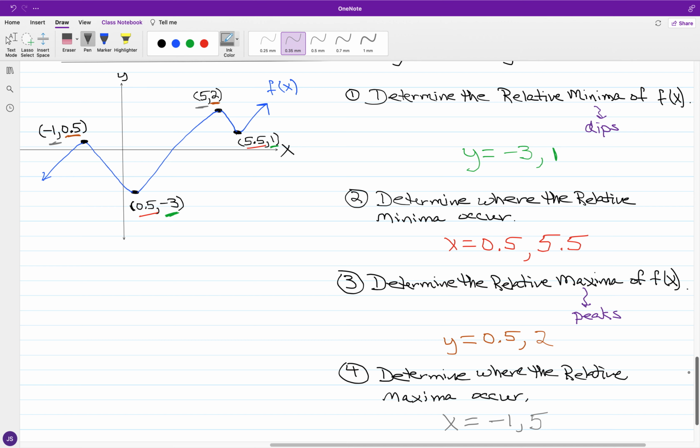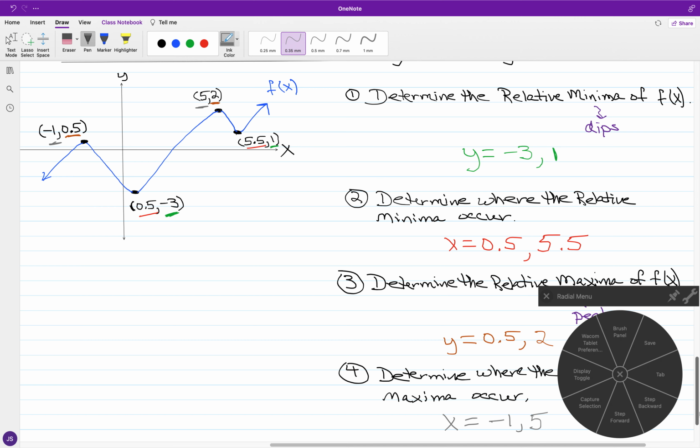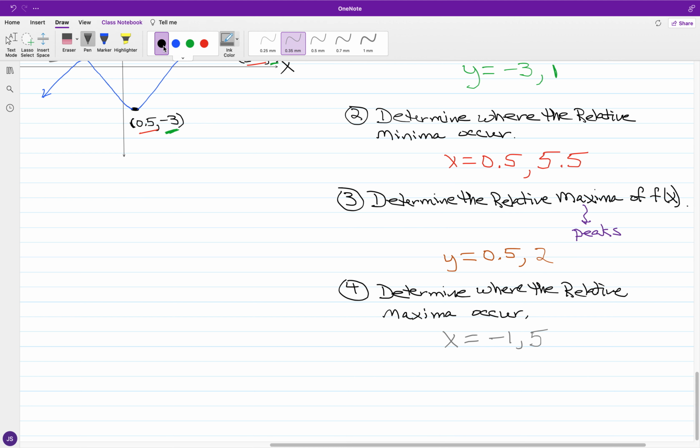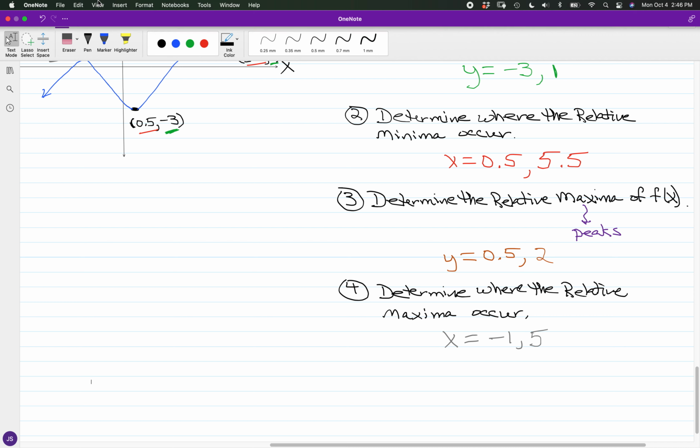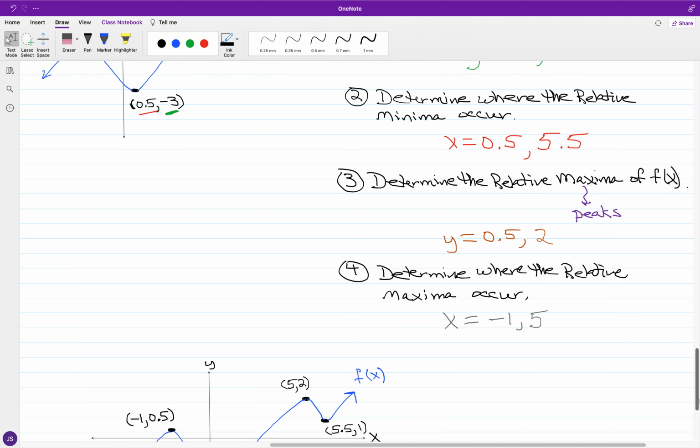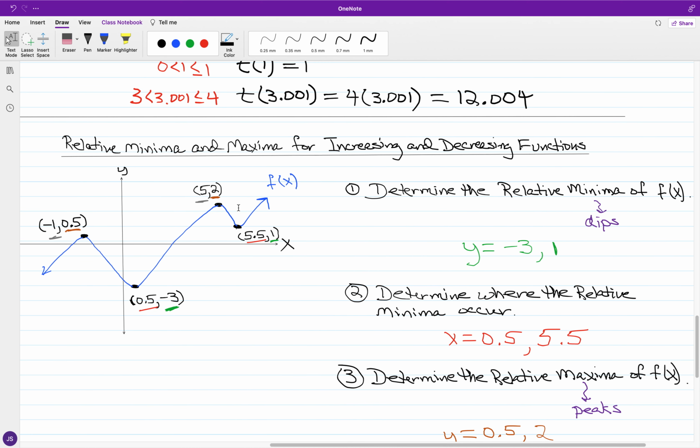And now regarding this particular function, we had the other part here, relative minima and maxima, and now increasing and decreasing functions.